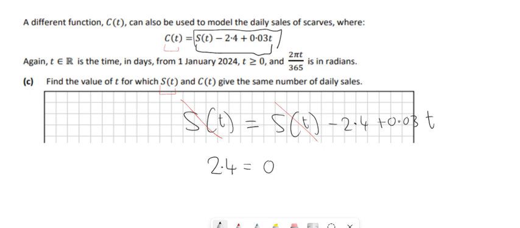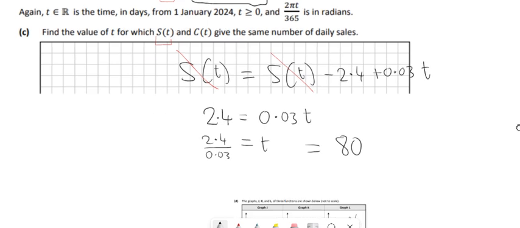So that is equal to 0.03 t, and then I just have to bring the 0.03 across and divide it, and that will give me 80 in the end. You could go and make things more complicated there, but it's kind of just seeing that really at the start.